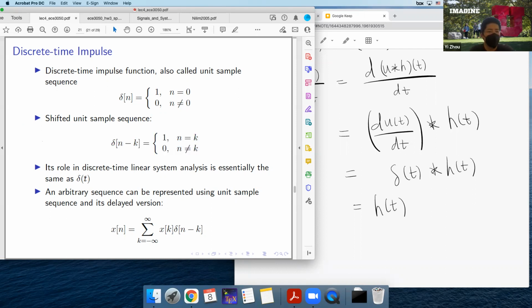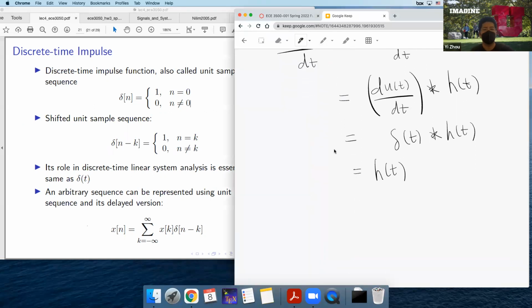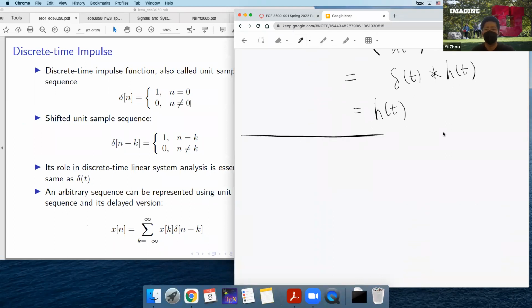So it's very natural. And then following the continuous time case, remember in the continuous time case, we can represent any signal by this.